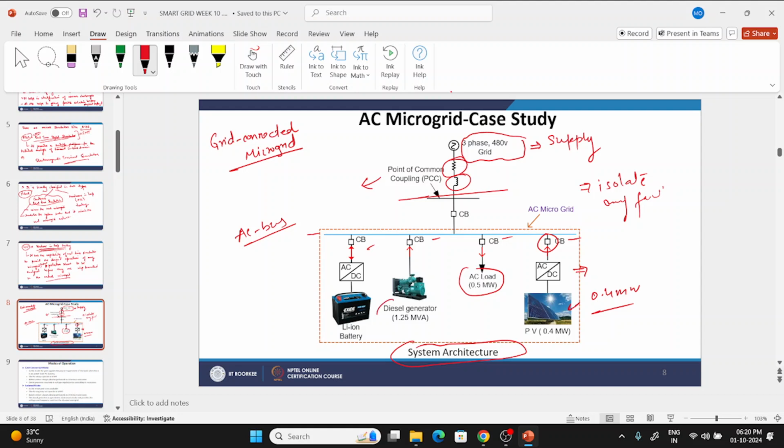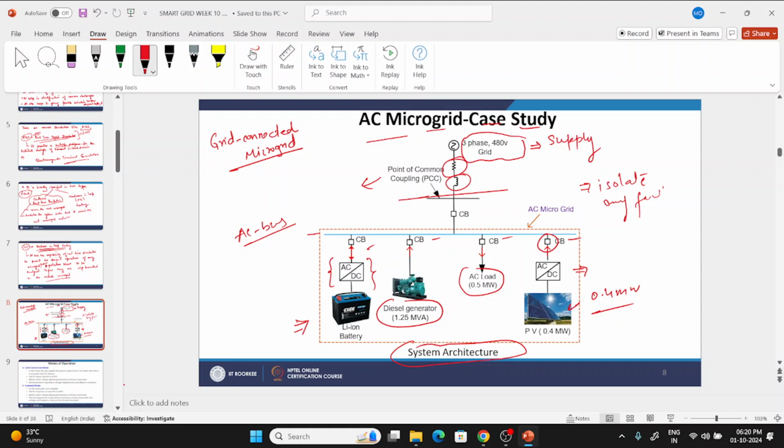Then there come the diesel generators, which are of 1.25 MVA. Then there is a lithium ion battery, which is a battery energy storage. To connect it to the AC bus, we are using an inverter, and after that it is connected through a circuit breaker. So this is an AC microgrid case study.